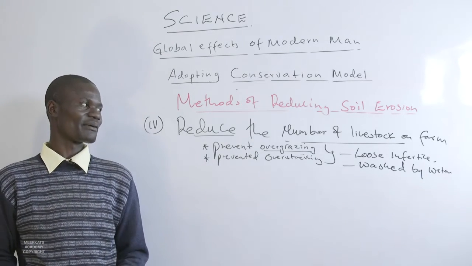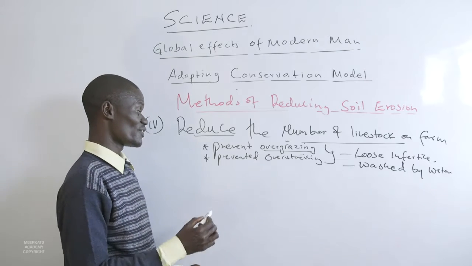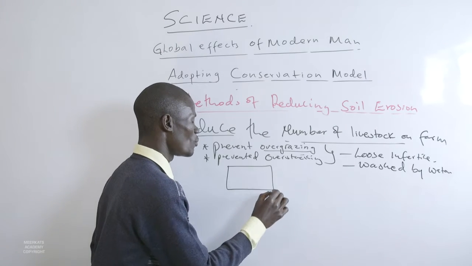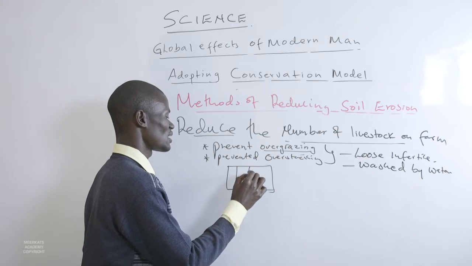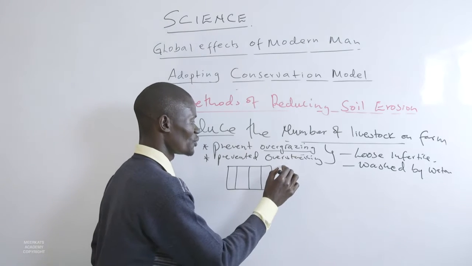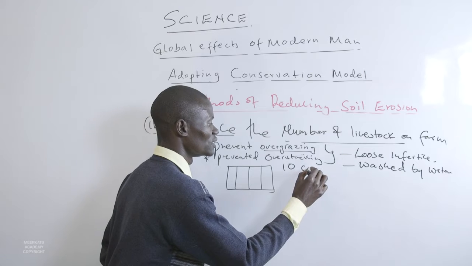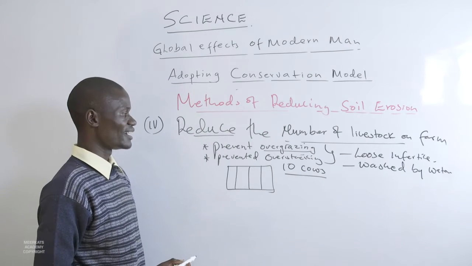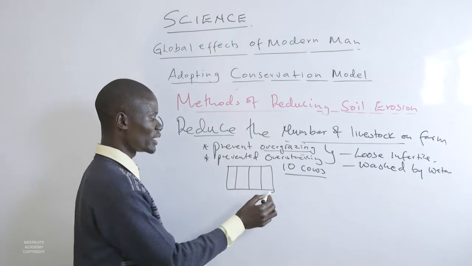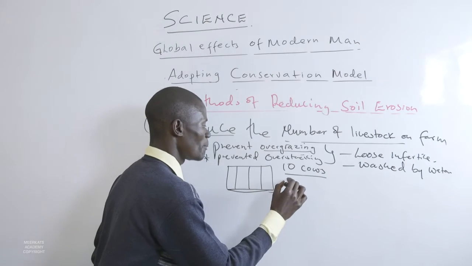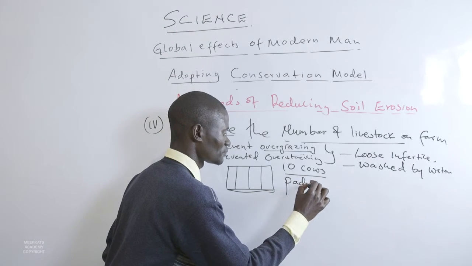That becomes important. If your field is able to accommodate, for example, 10 livestock, you have 10 cows, for example, and you get milk from these cows, then you will reorganize your field into what we call paddocks.